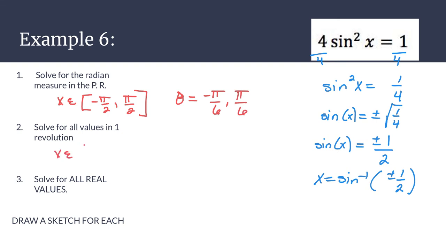If we now change that and look at one revolution, we're looking at a domain from 0 to 2 pi. So it's still going to happen at pi over 6, that's quadrant 1. We're going to look in quadrant 2 for a y value of 1/2. Gives me 5 pi over 6. We're going to move into quadrant 3, and then we're going to go back to quadrant 4.